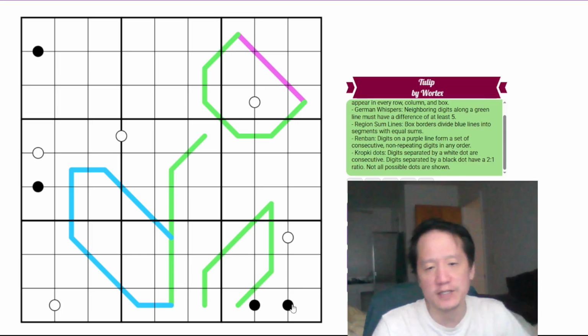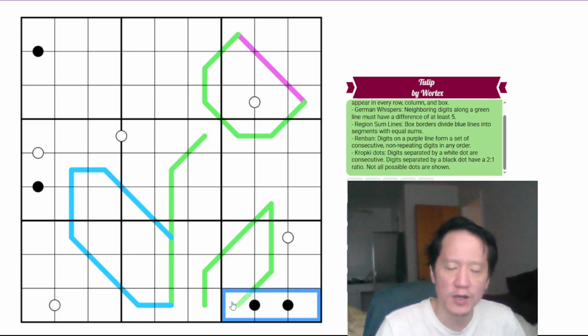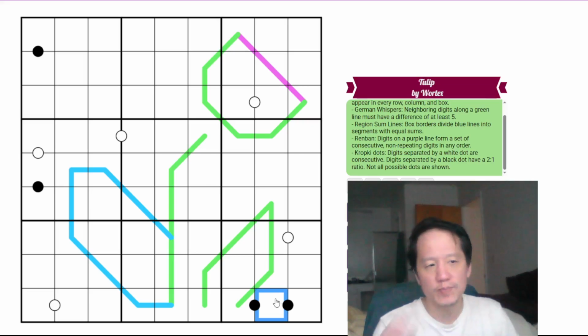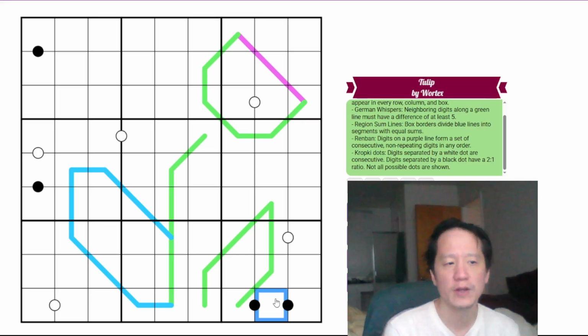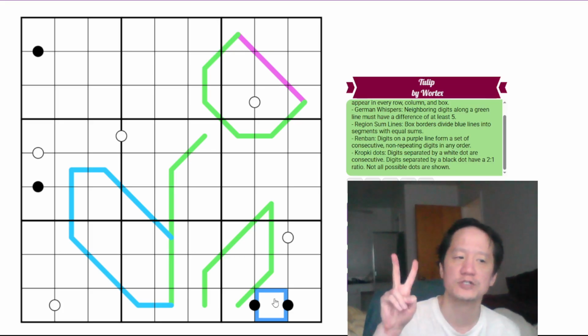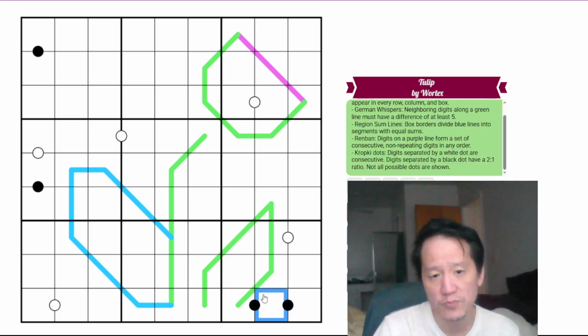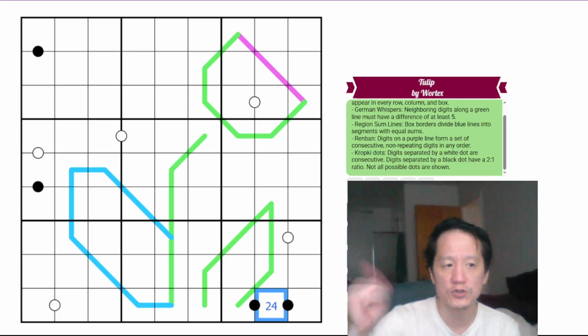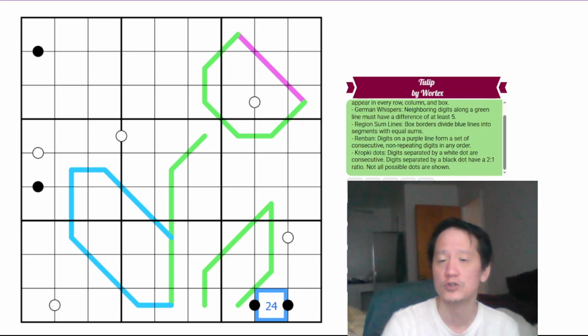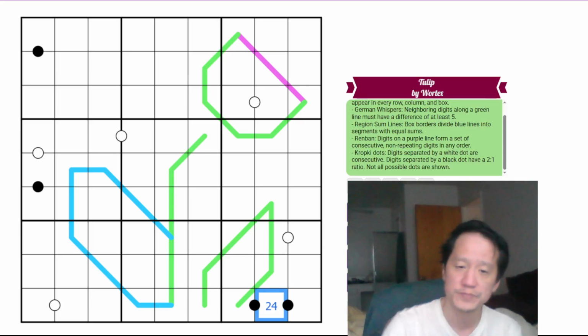First thing that I see immediately is we have 3 cells which are separated by 2 black Kropki dots, which means we have one digit that is in a 1-to-2 ratio with 2 other unique digits. And the only possibility for that cell must be 2 or 4, right? 2 can be in a 1-to-2 ratio with 1 and with 4. 4 can be in a 1-to-2 ratio with 2 and with 8.